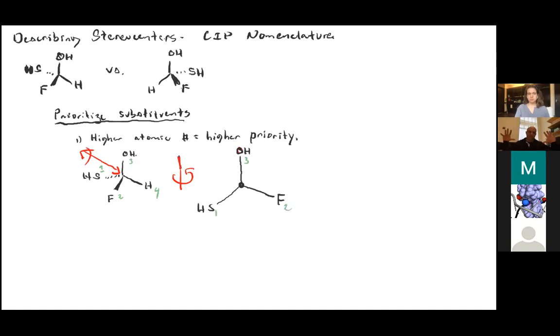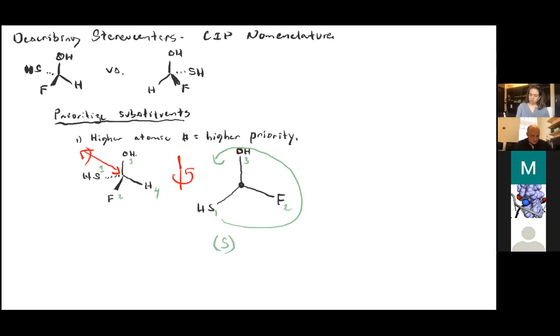Once you generate that image, you then essentially connect the numbers with an arrow, so like this. Okay, so I go from the highest priority to the lowest with my arrow. This arrow runs in a counterclockwise direction. And so if the arrow runs in a counterclockwise direction, that means this is the S enantiomer, okay?